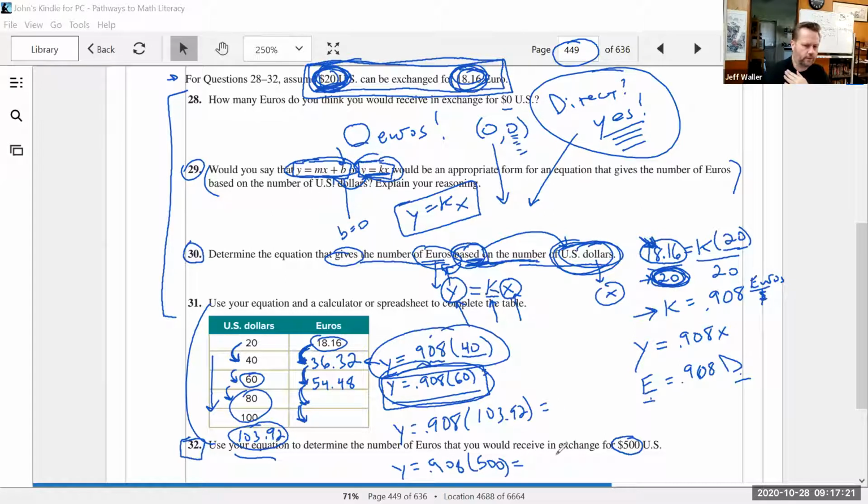What do you guys get out there? €454. Good.